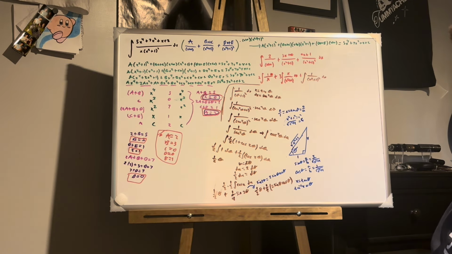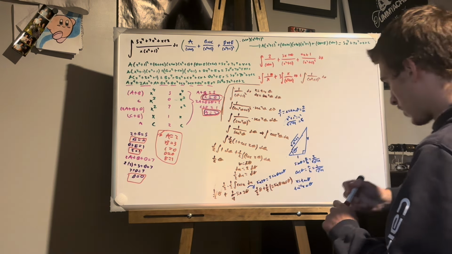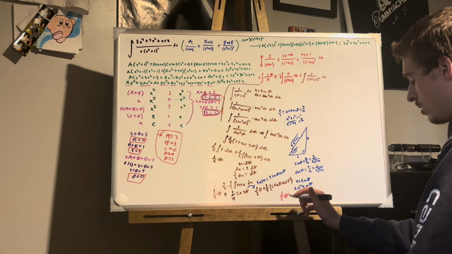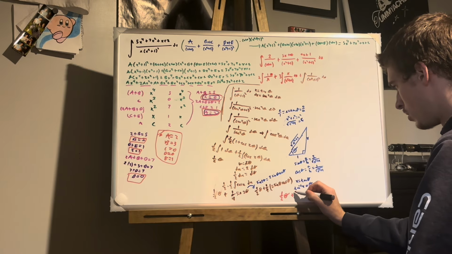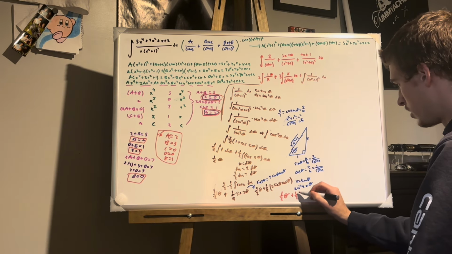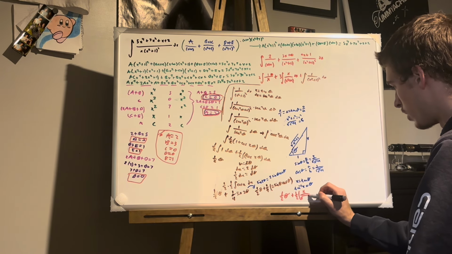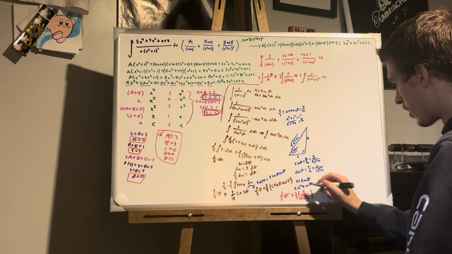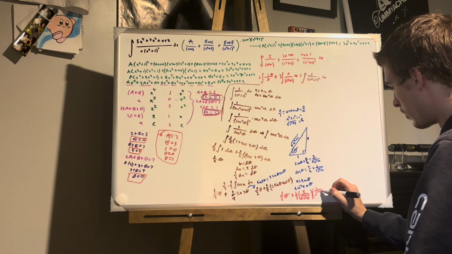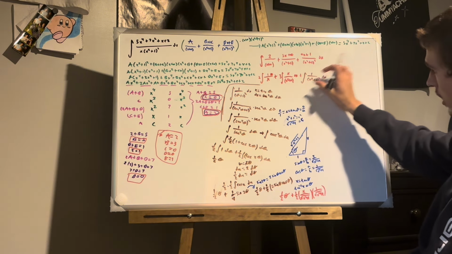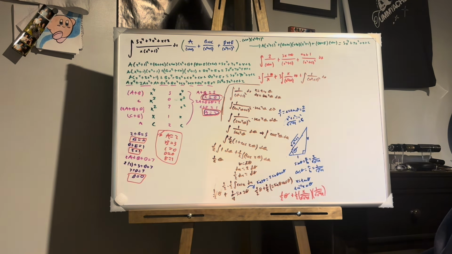So what this ends up giving us is 1/2 theta plus, bring that 2 out, so it's 2 over 4, so 1/2, our sine ended up being x over the square root of x squared plus 1, and then our cosine ended up being 1 over the square root of x squared plus 1. That's how you solve for that integral.